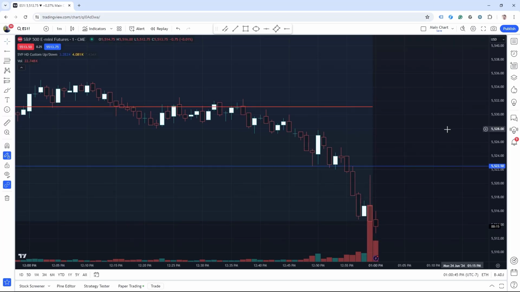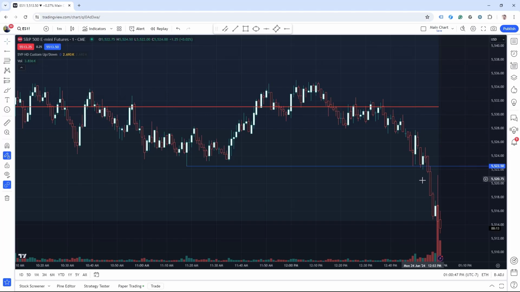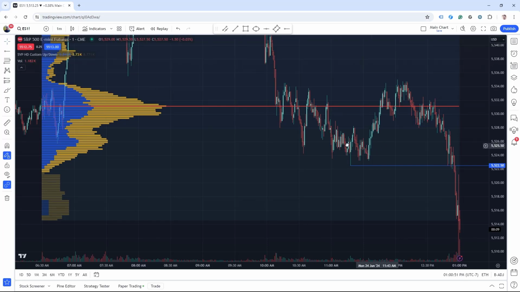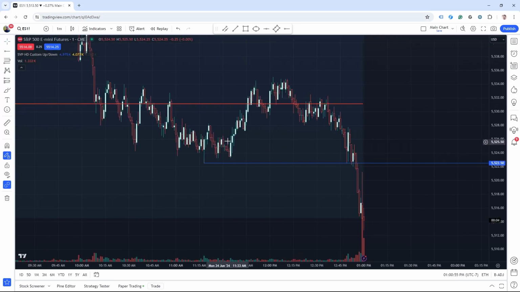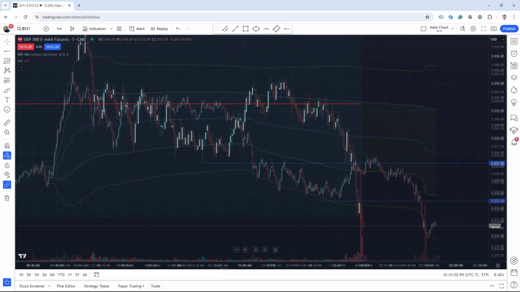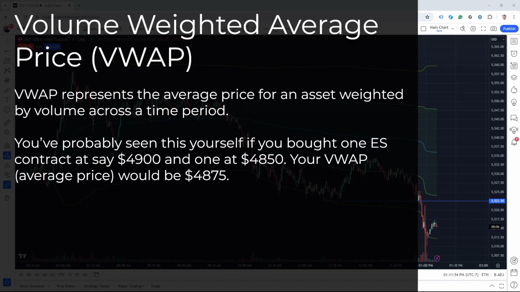I have to say I didn't think it would trade down much further than that, but that was probably anybody unwinding their position before the close of the market. But nonetheless, we can see that as soon as it hit this value low, it retraced 5 points before continuing down.